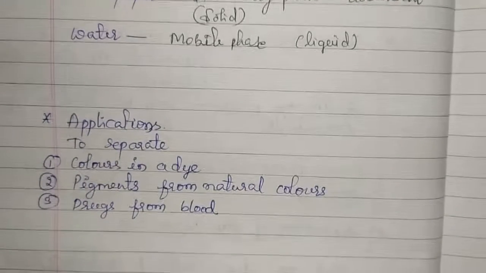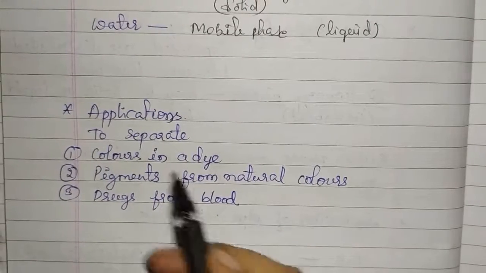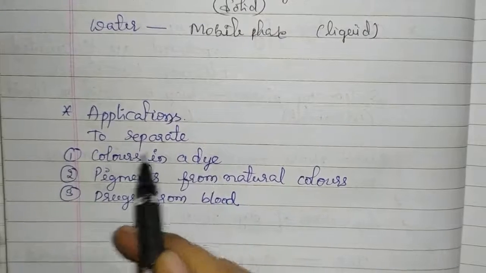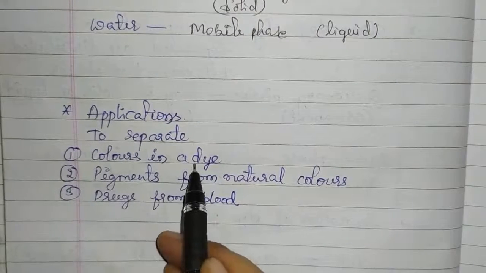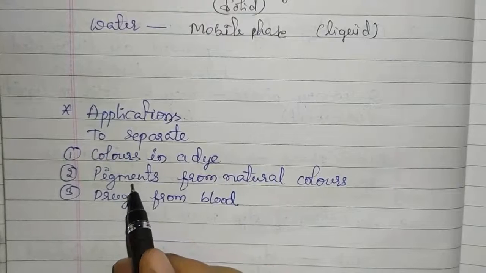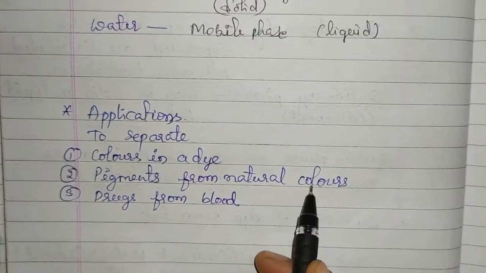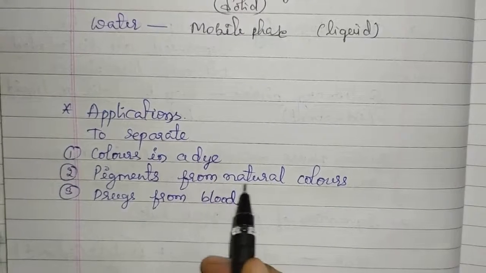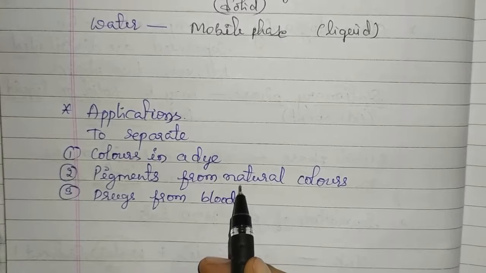Let us see the applications of this chromatography. This chromatography technique is used to separate colors in a dye. Also it is used to separate pigments from natural colors, like the pigments present in a green leaf.